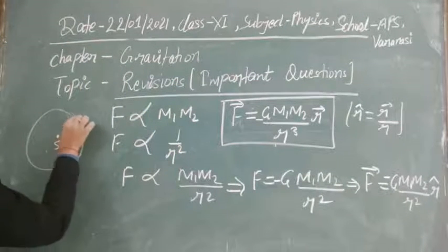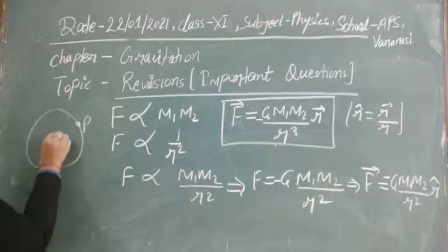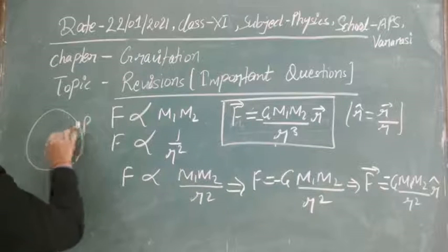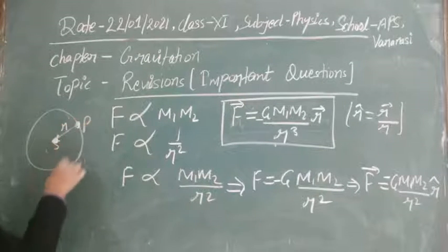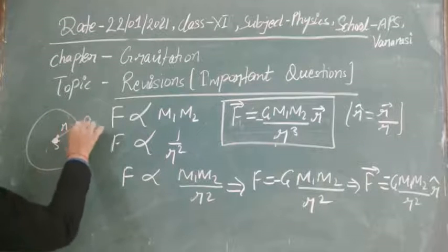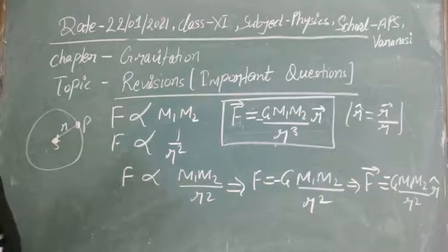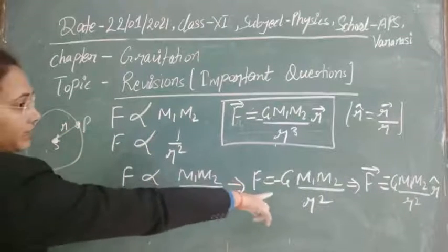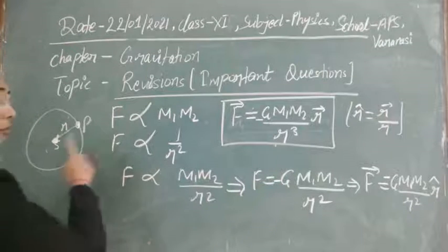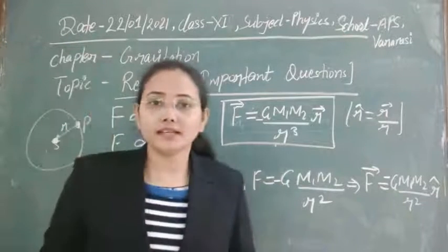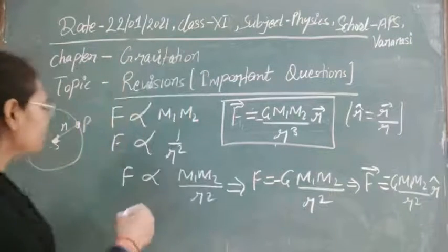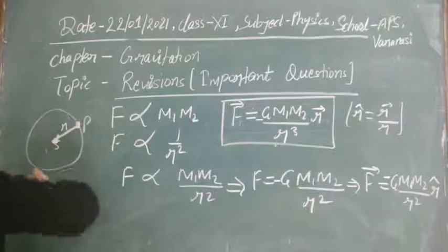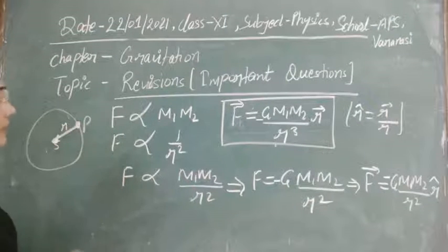This star will have some mass, this planet will have some mass, and there will be a force acting between them, with the distance between them equal to the radius on which it is revolving around the star. You can calculate the force by this method, and this force will provide the necessary centripetal force to move the planet around the star. So I think that is now clear.